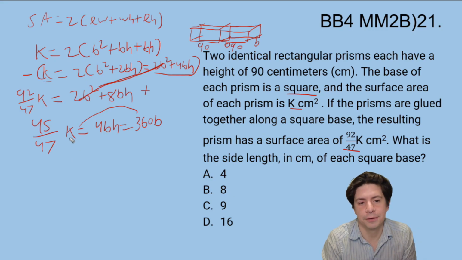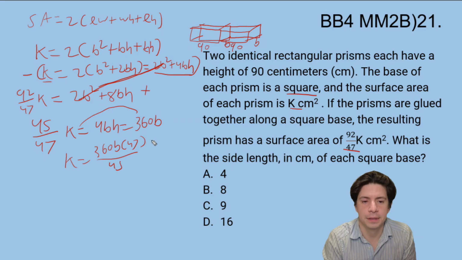Then let's solve for k in terms of b by multiplying by 47 over 45. So k equals 360b times 47 over 45. 360 divided by 45 is 8, times 47 is going to give us 376b.